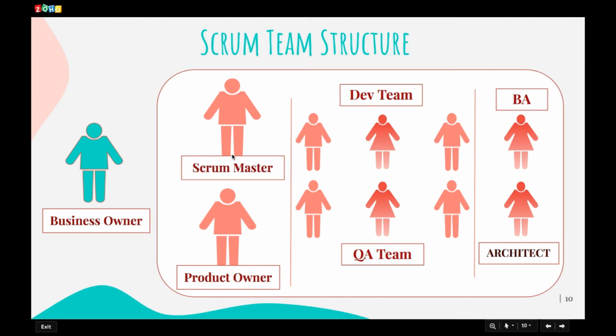The Scrum Master runs this entire show, arranging everyday Scrum calls, managing the Jira board, and assigning the stories, until the demonstration. Then we have the development team, the respective testing team, the business analyst, and the architect.